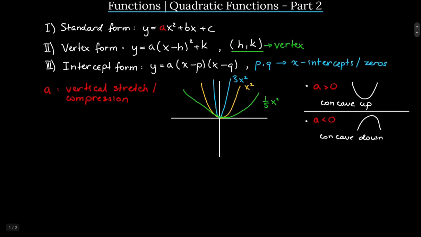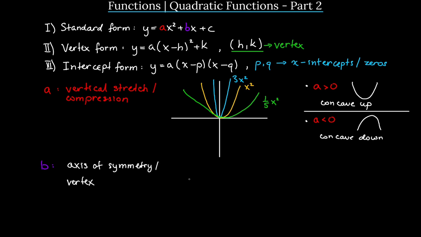Up next, we have the value of b. Now b does two things at the same time. Using the value of b, we can find the axis of symmetry, since all parabolas are always symmetric, and at the same time, we can use that b to find the x-coordinate of the vertex.